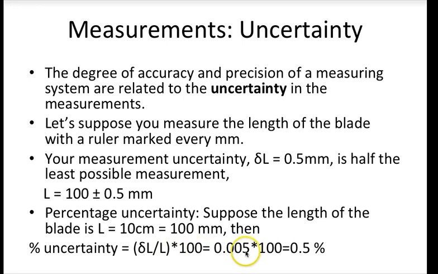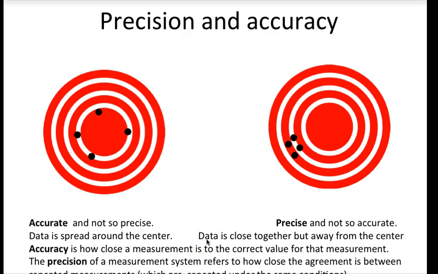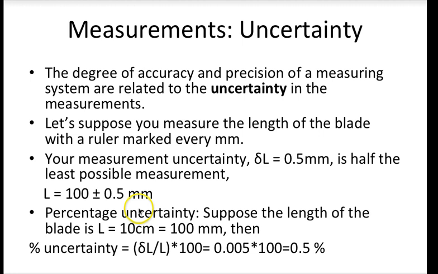That means this 0.5 millimeter, with the units canceling out, is divided by the 100 millimeter, which gives us this little number, and then times 100 to be in percentage, so it comes to only 0.5%. So that is a very precise measurement.